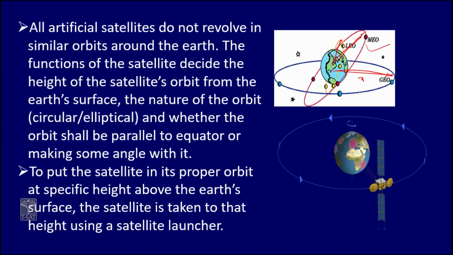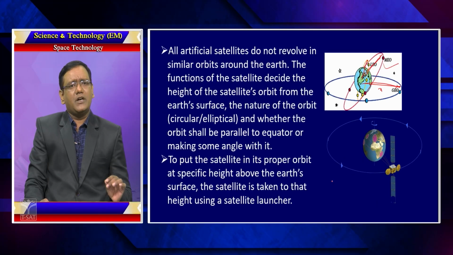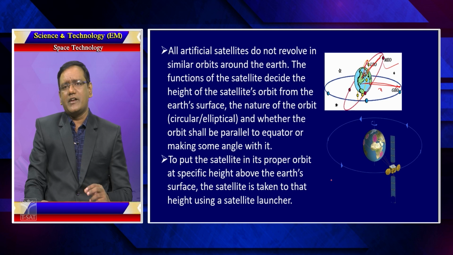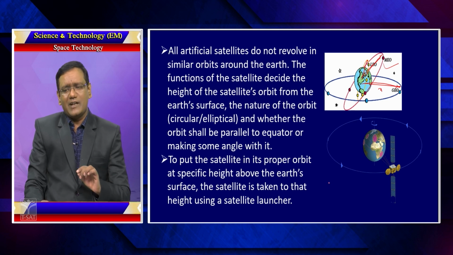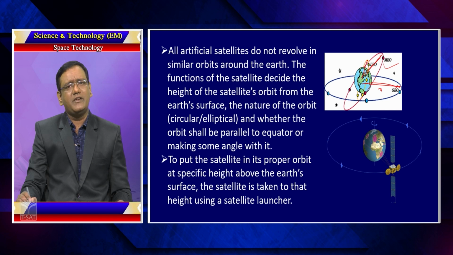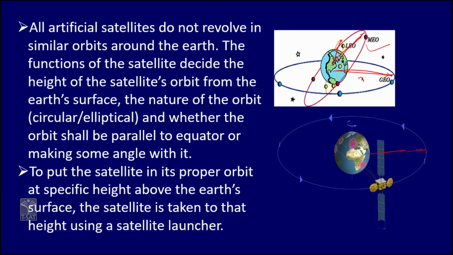To put the satellite in its proper orbit at a specific height above the Earth's surface, the satellite is taken to that height using a satellite launcher. If we want to keep the satellite in a particular orbit, we have to take it to a particular height and then keep it in that orbit.